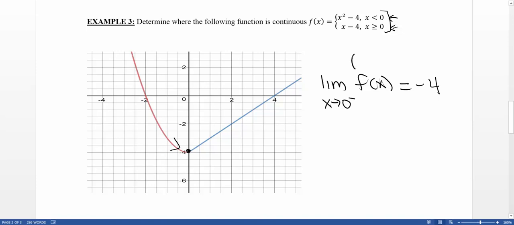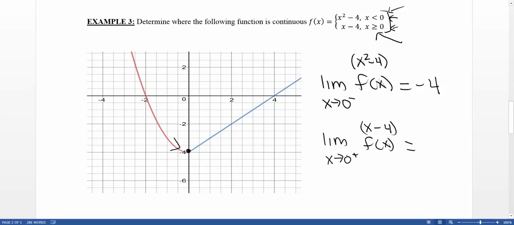And again, when I'm approaching from the left, I'm considering x squared minus 4, because that's the function I consider when x is less than 0. If I take the limit as x approaches 0 from the right of f of x, well, now if I'm bigger than 0, I'm in the x minus 4 situation.